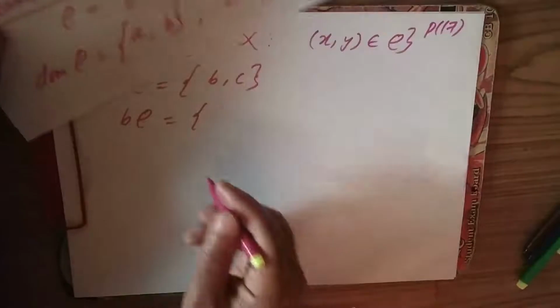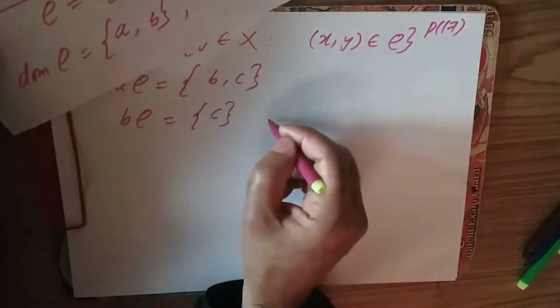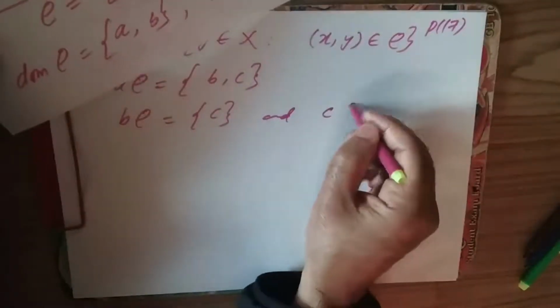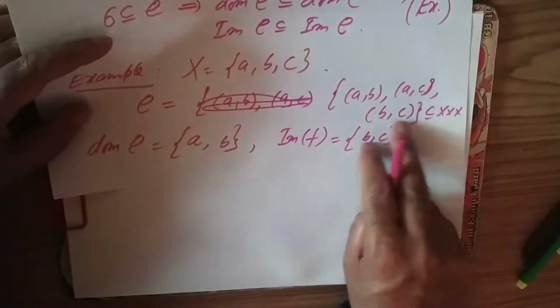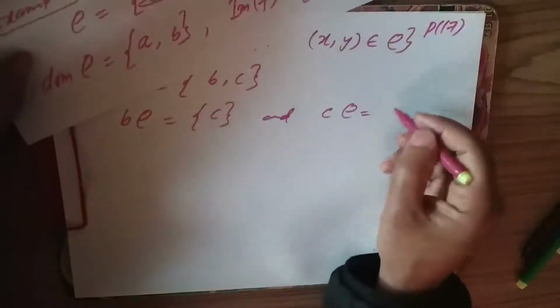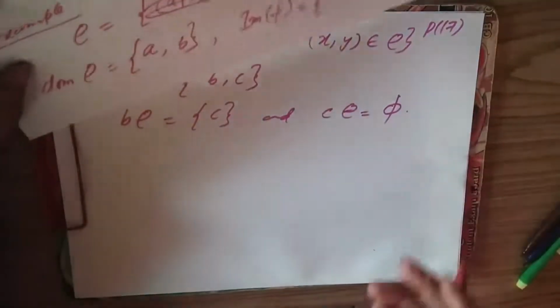That's just C. And what's the image of C? C is not in the domain, so the image of C is the empty set.